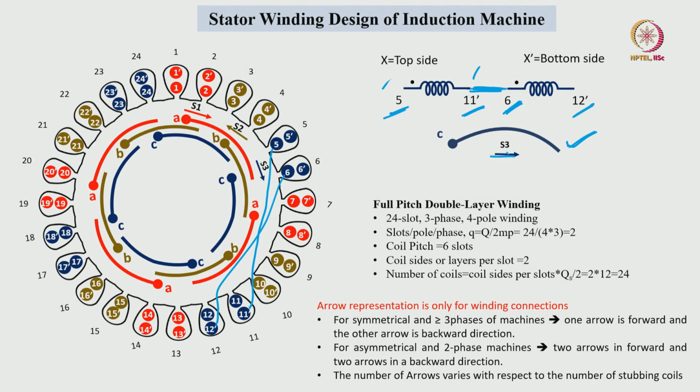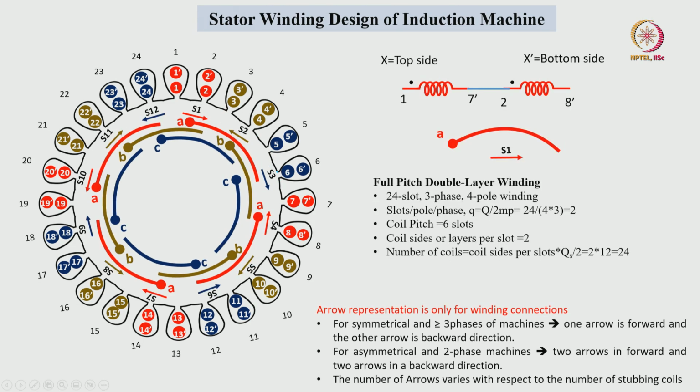That arrow will be in this fashion, arrow will be forward, one arrow forward, one arrow backward and again one arrow forward, in the same fashion, one forward, one backward. Like this we can represent 12 arrows. Each and every place we can see S1 is forward direction, S2 will be backward direction, like that manner.